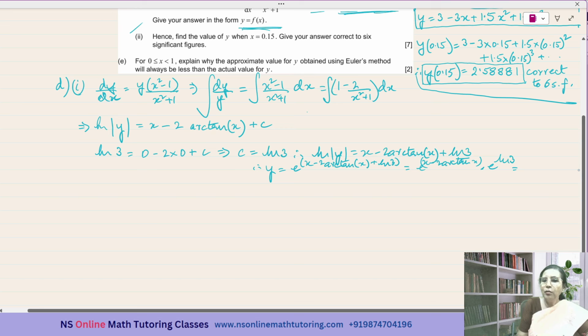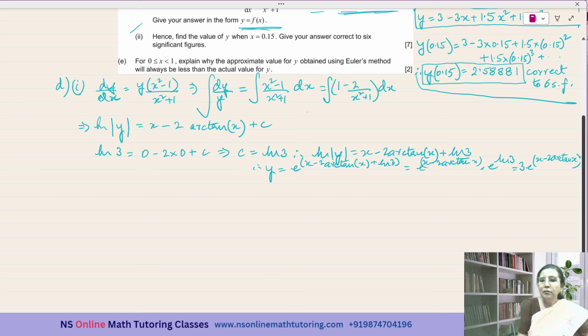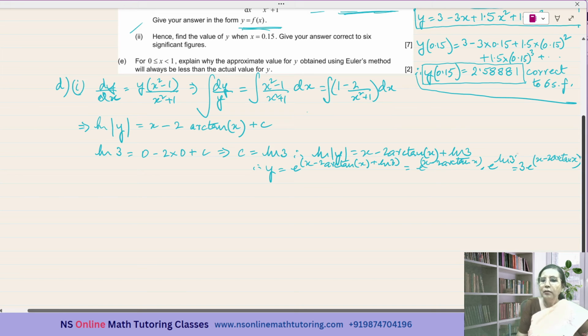So this is equal to 3 e to the power of (x minus 2 arctan of x). Okay, so this will be the answer for D(i). Of course, y equal to this. And then it is D(ii).